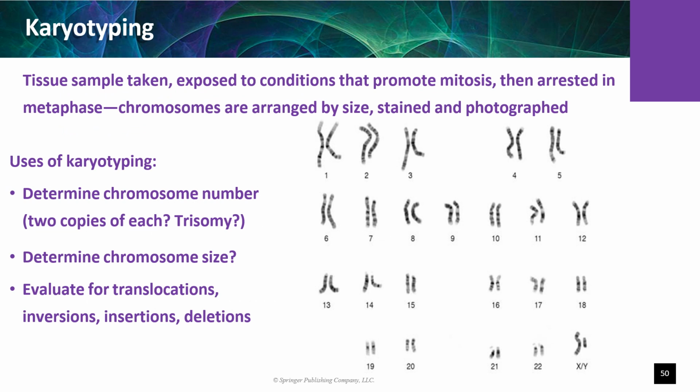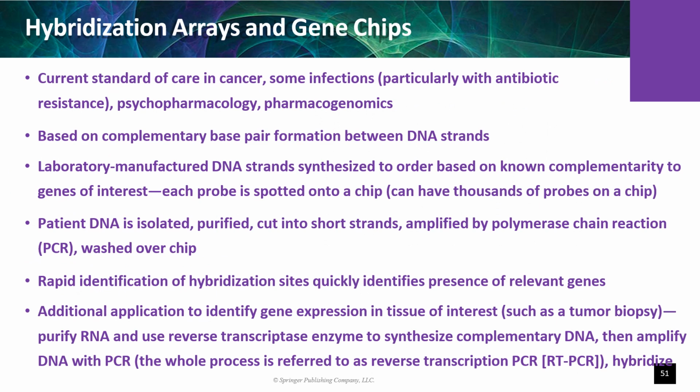Karyotype is a method of aligning and marking a complete set of chromosomes. Hybridization arrays and gene chips are the current standard for cancers, some infections, and looking at pharmacology and pharmacogenetics.